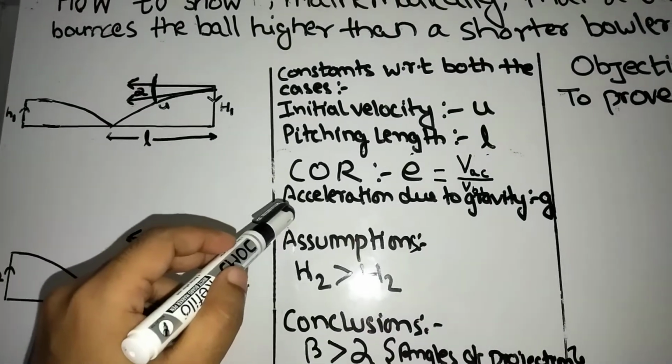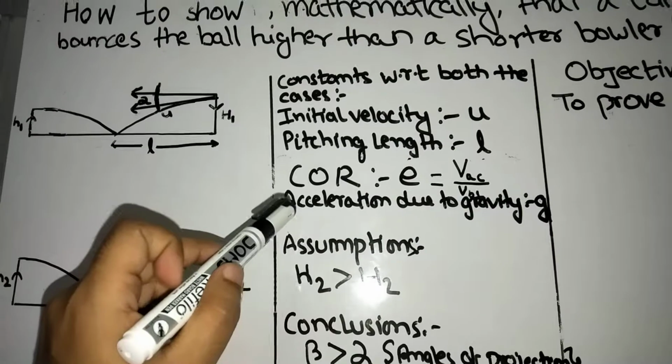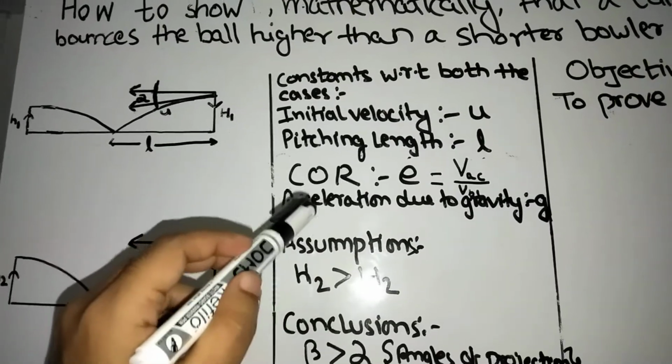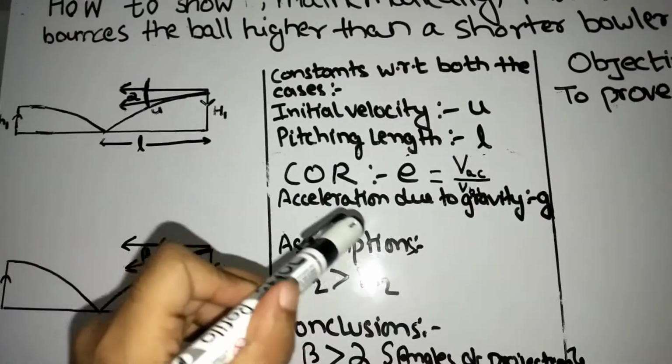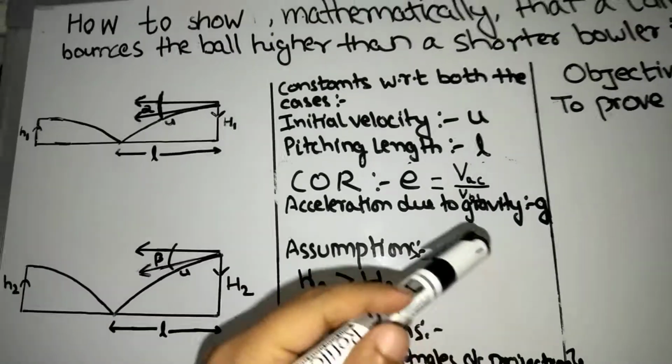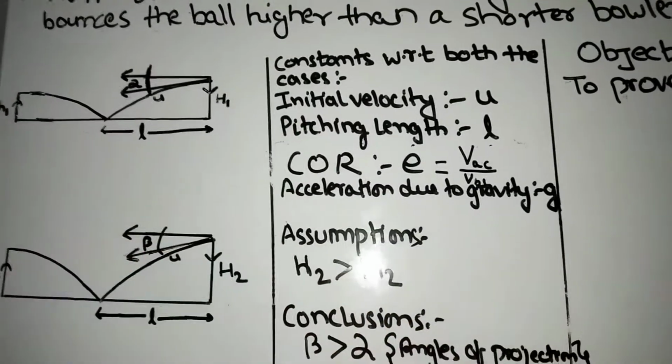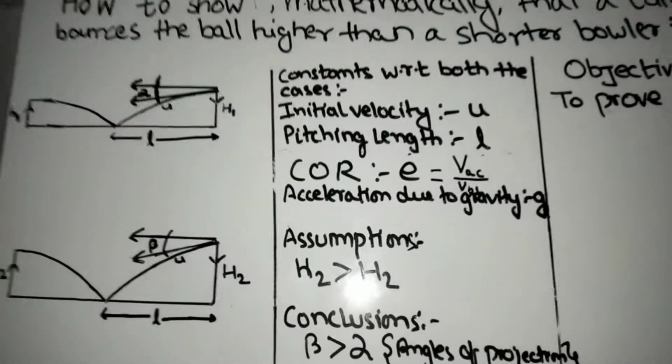The fourth quantity that is going to be constant across both the cases is the acceleration due to gravity, which is represented by g, of course.